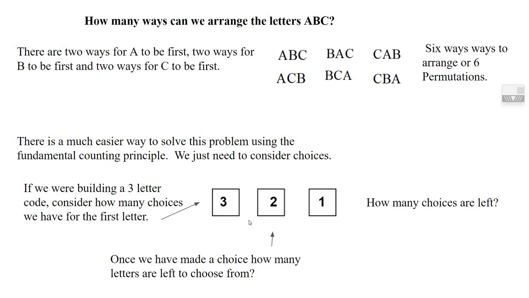Well, wasn't that a nice, easy way to do it? 3 times 2 times 1. And it's got a special name. When you go down like this and end up with 1 with consecutive descending integers, it's called 3 factorial, and it equals 6. So the product of your choices is always your answer. Well, that's pretty cool. There you go.